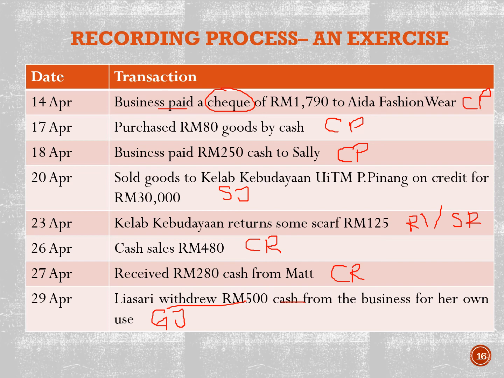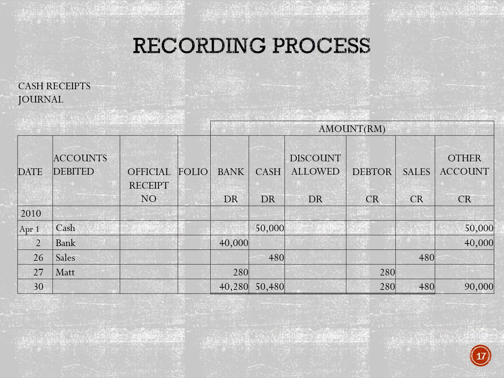After you dah classify mana item tu, so this is the answer untuk cash receipt, apa yang terlibat, cash, bank, sales, Mac. And then this one you boleh try untuk go through and then try untuk faham. So this is step by step. So this is cash receipt journal.